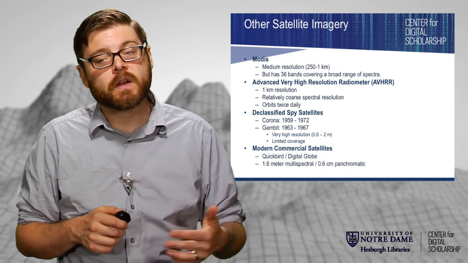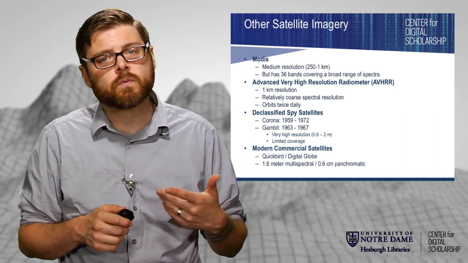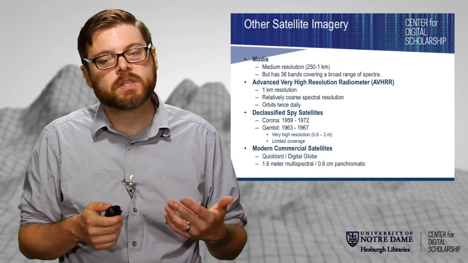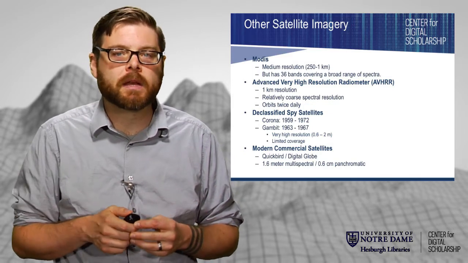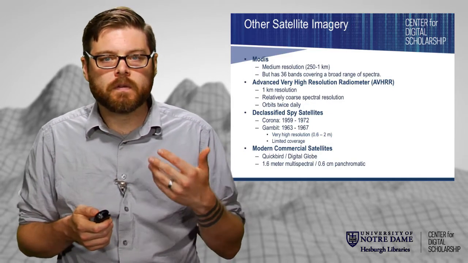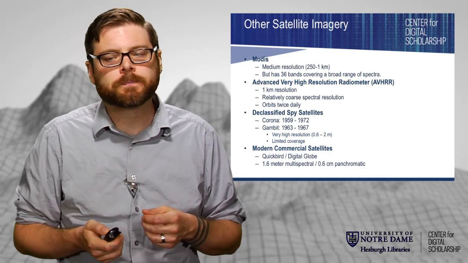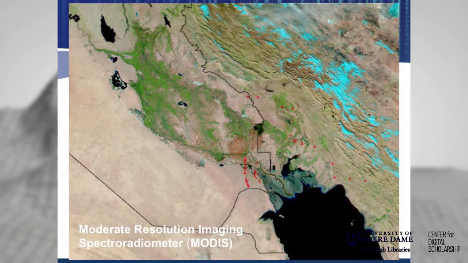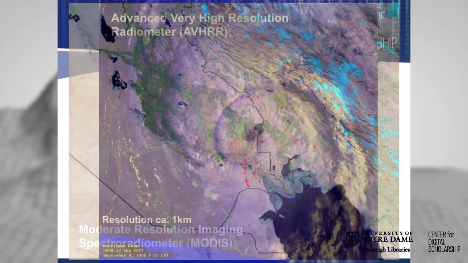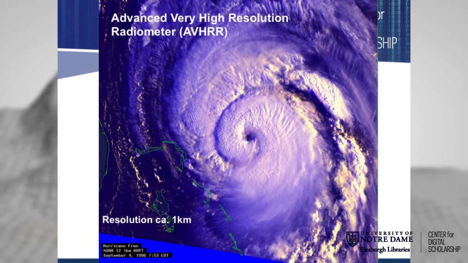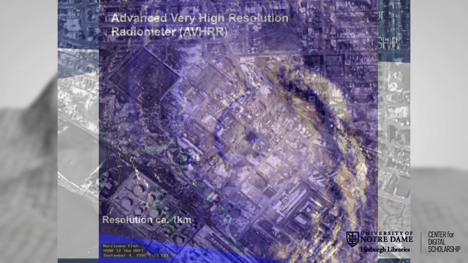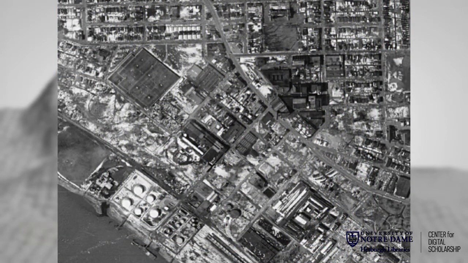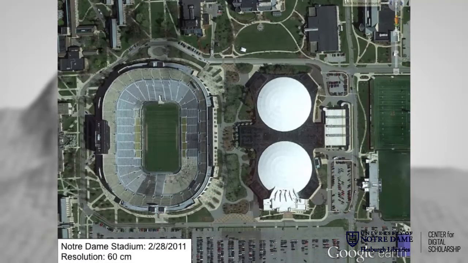And these have a very, very high spatial resolution, 1.6 meters multispectral and about 60 centimeters panchromatic. So there really are a lot of these commercially available sources as well. Just going to show a few examples of what these look like. This is MODIS data. See, it's good on a country or continental scale. The AVHRR gives us very good measures of things like this hurricane. And then our commercial data and declassified data as well.